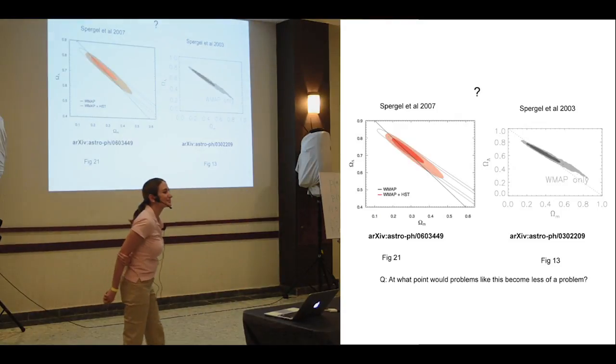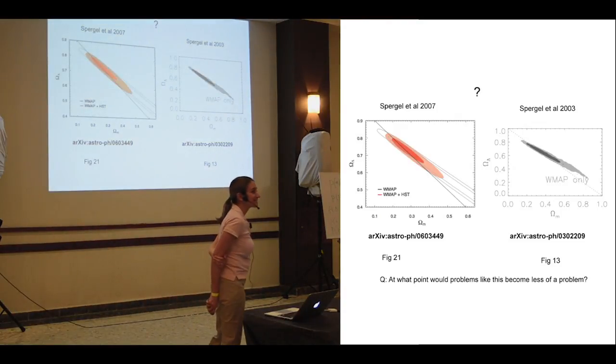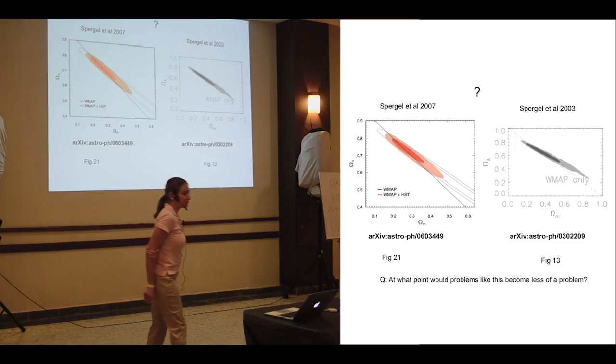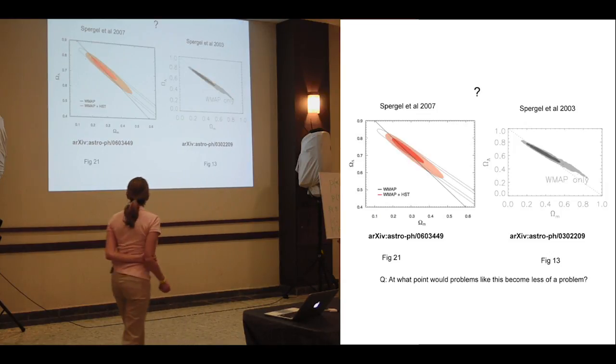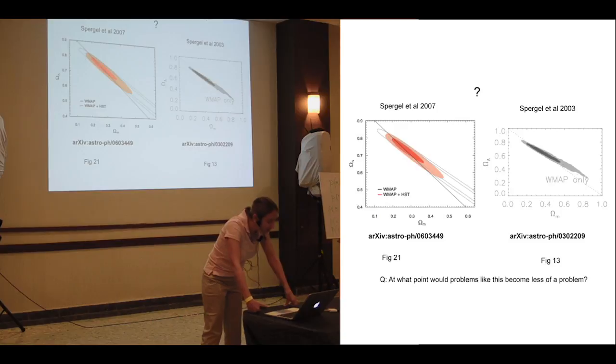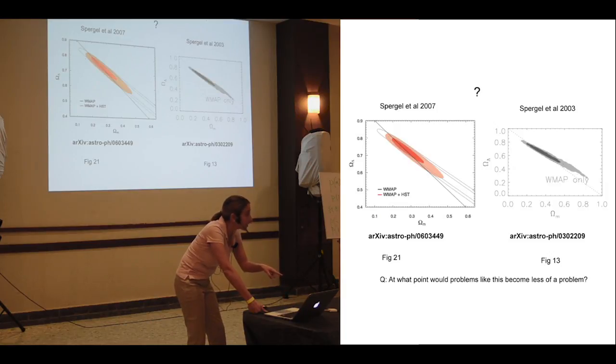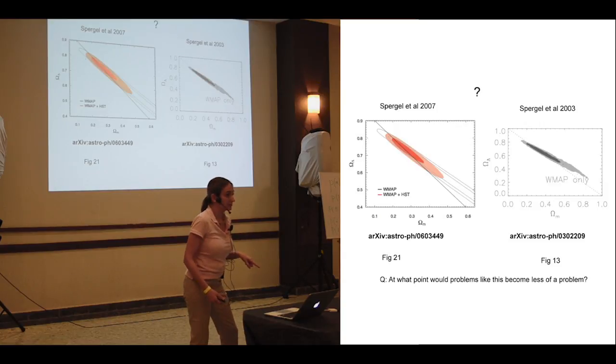Well, the prior changed? Yeah, exactly. The prior has changed. So if you're looking at the paper, I have my note here, the key for the 2007 paper is equation 2, while the key for the 2003 paper is actually in equation 25 of a different paper. So that's really bad practice.